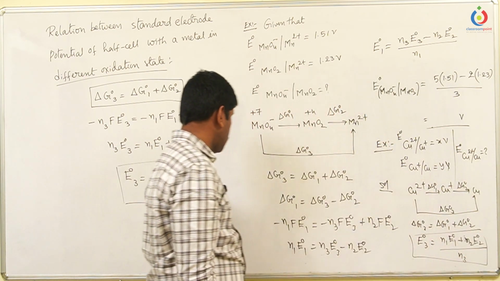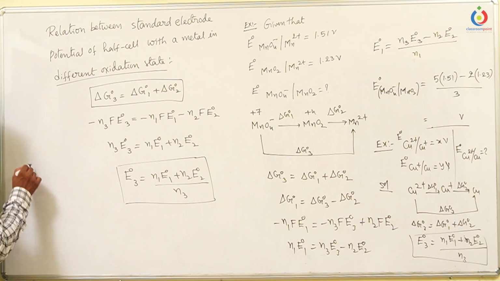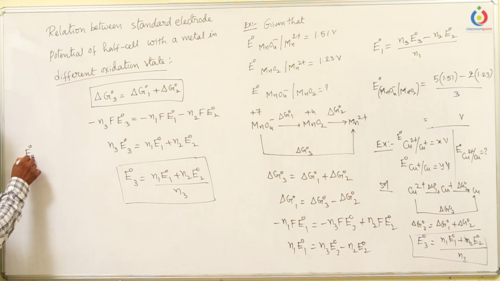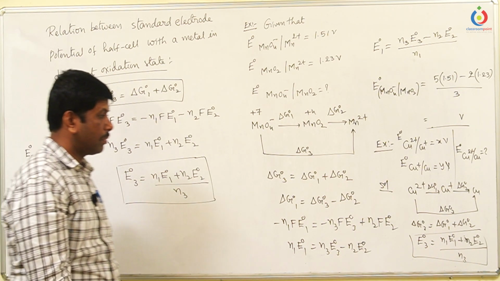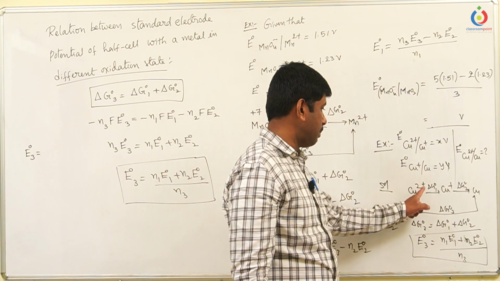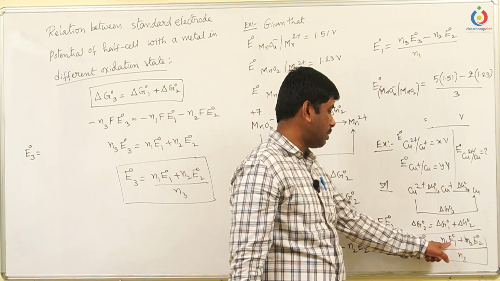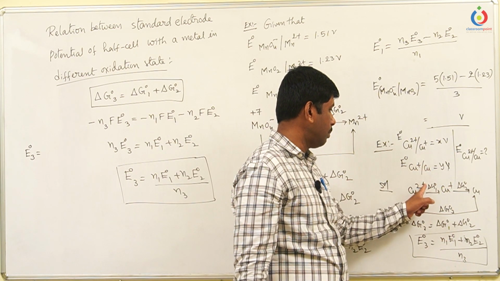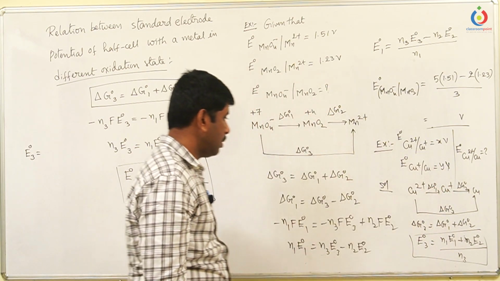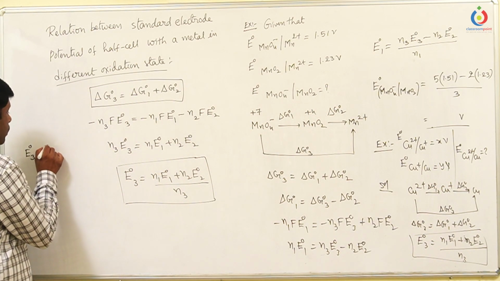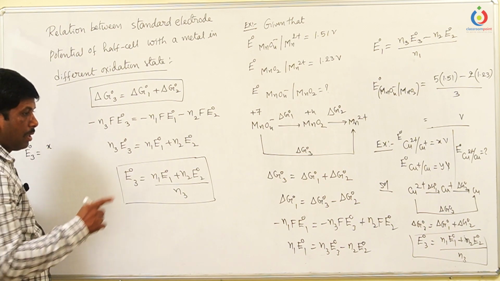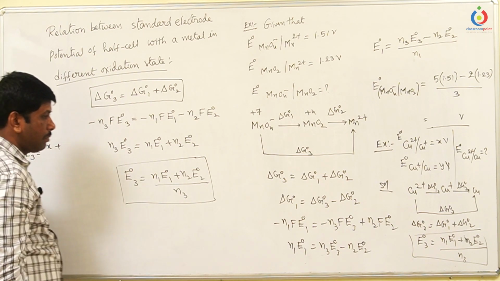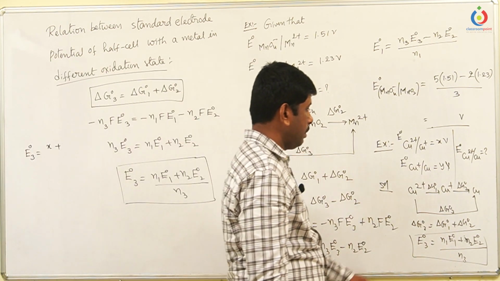Let us apply those formulas here. E03 equals N1, first step, 1 electron, and its potential E01, Cu2 plus to Cu plus, X volts. So 1 into X volts, so X, plus. N2 means second step.